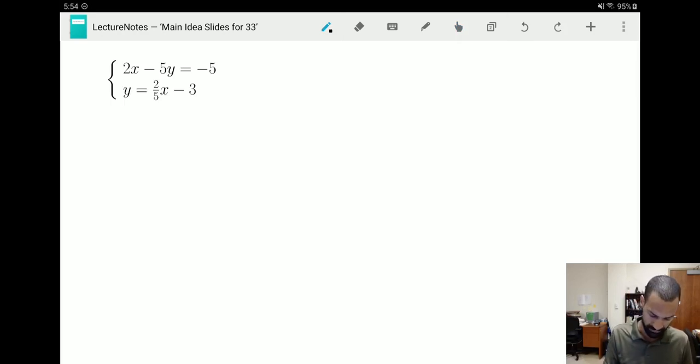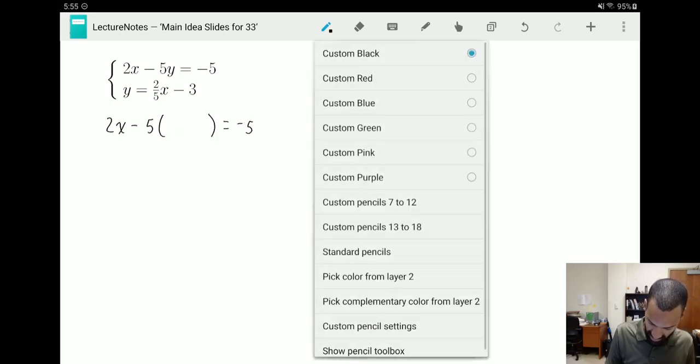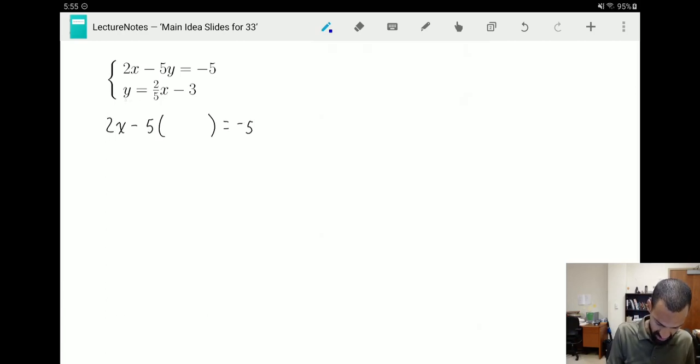All right, so I'm going to exchange this y for the thing that y is equal to, which is 2 fifths x minus 3. So let me rewrite this. 2x minus 5 times y equals negative 5. And the y in question here is the same thing as 2 fifths x minus 3.